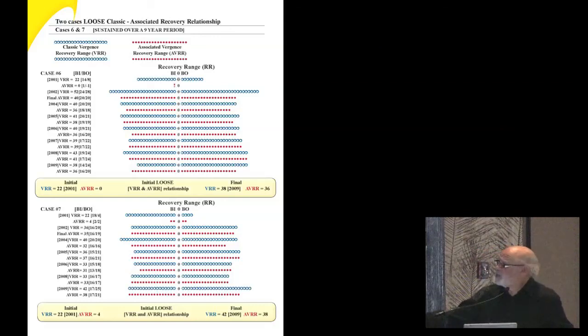Take a look at case 2, and you see the same thing. So you're basically seeing a 22 range in regular vergence range, where the real range was only about 4 prism. Although I must say that the associated phoria was right at ortho.